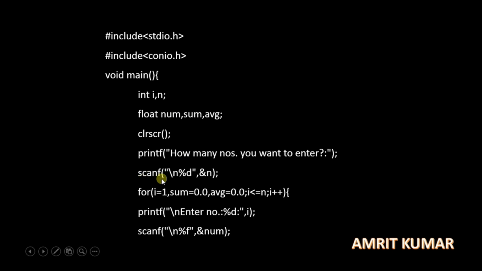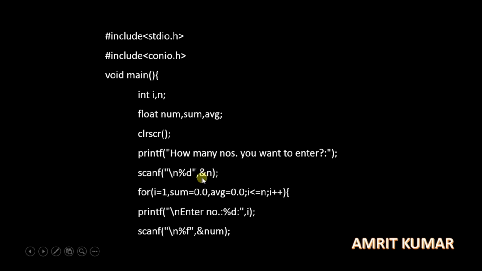And in the same way, I have used the scanf function. The scanf function helps us to accept a value from the keyboard. Whatever the user is going to enter from the keyboard is going to be stored here in n. N is a variable of integer data type, so it is going to store only integer values.